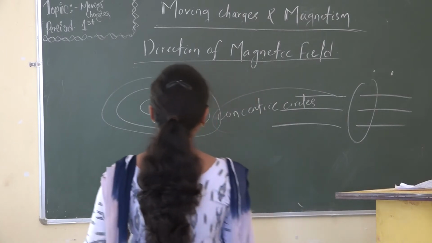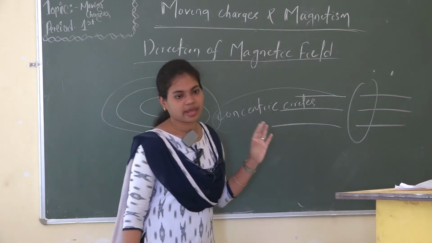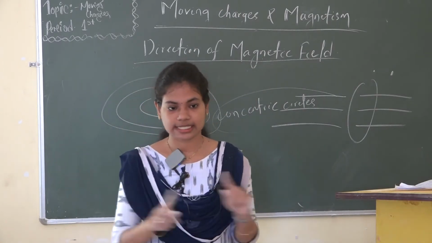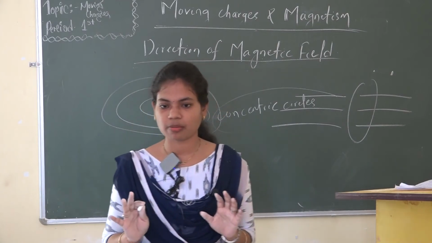But in case of a closed loop, the direction of the magnetic field is in the form of straight lines, that is, inward or outward. Okay, all of you remember?